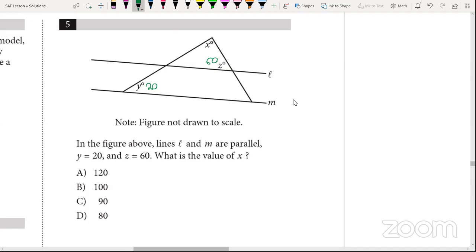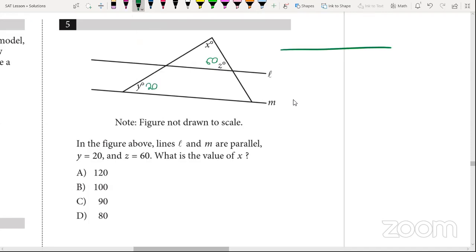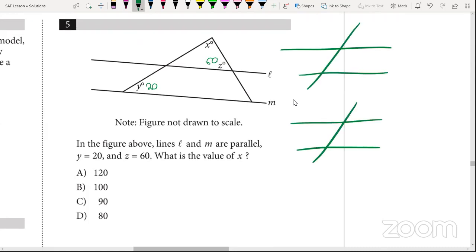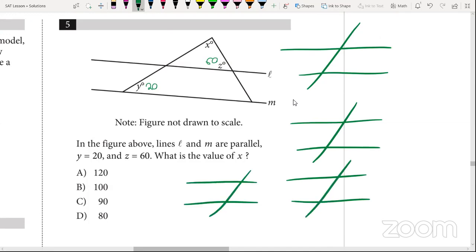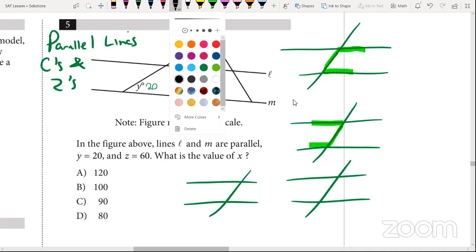There are a lot of ways to approach this, but the thing that I would like to emphasize the most is that with parallel lines, you want to look for C's and Z's. So I'm going to draw 4 sets of parallel lines here. If you have a C shape like this or like this, you need to know that the inner angles in there add up to 180.